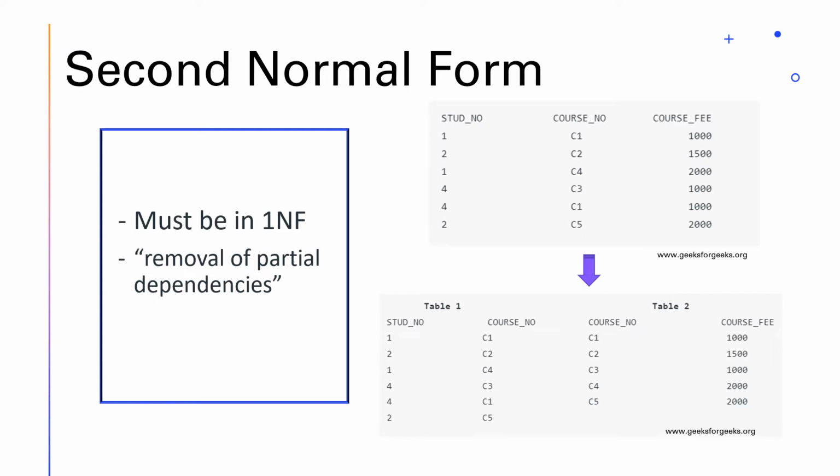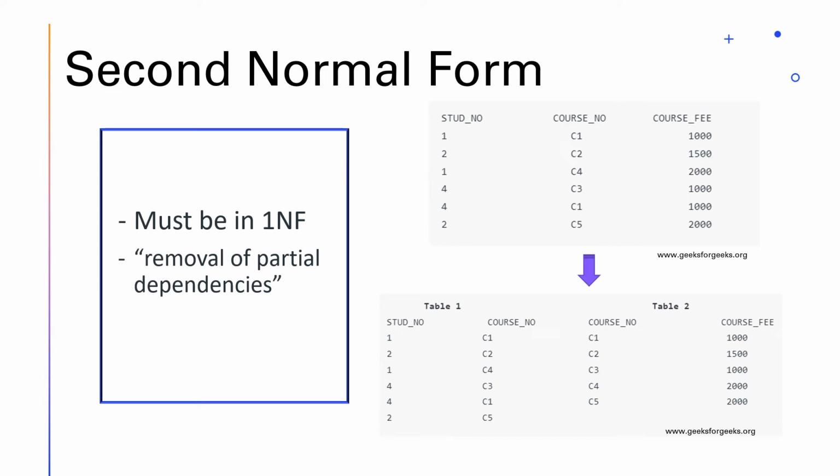These tables here to the right are an example. Here, course fee alone cannot decide the value of course number or student number. Course fee together with student number cannot decide the value of course number. Course fee together with course number cannot decide the value of student number. Therefore, course fee would be a non-prime attribute as it does not belong to the only candidate key.